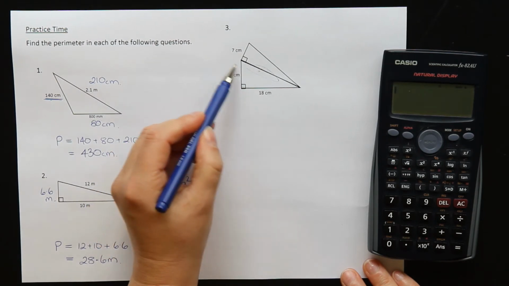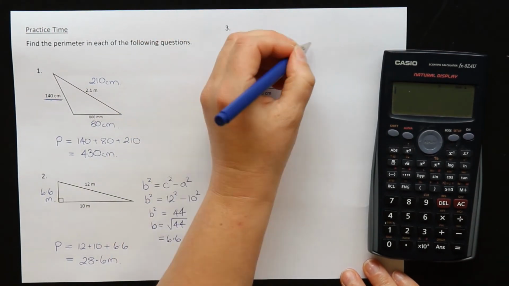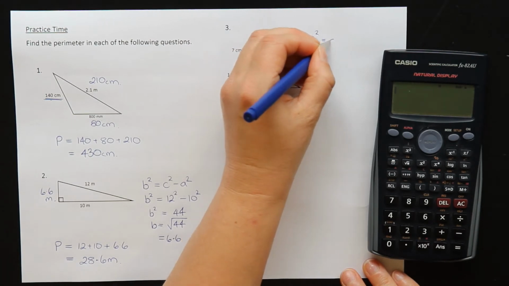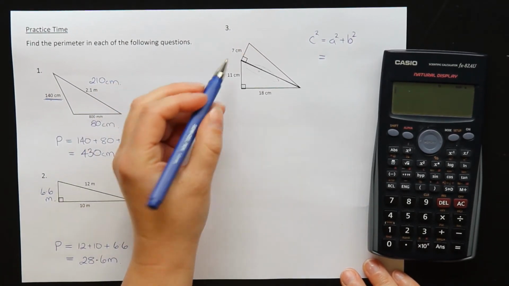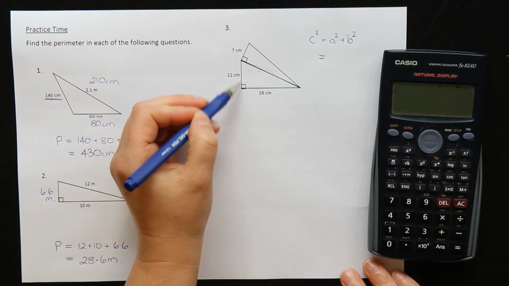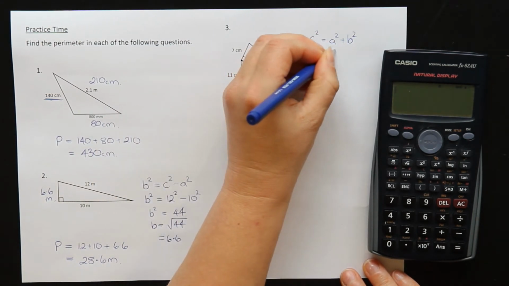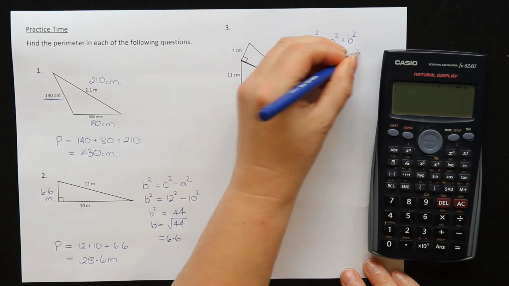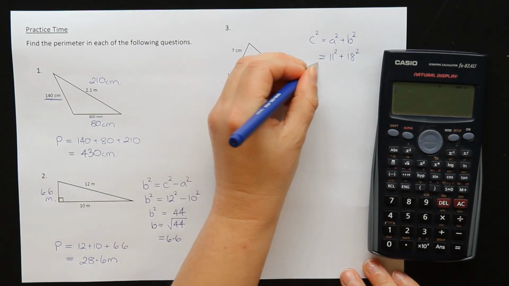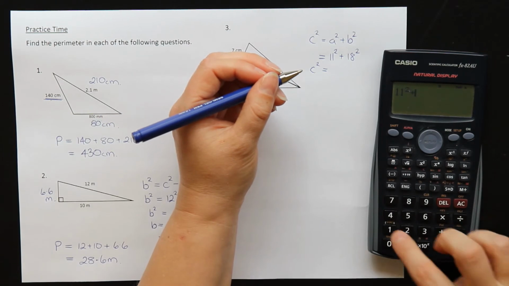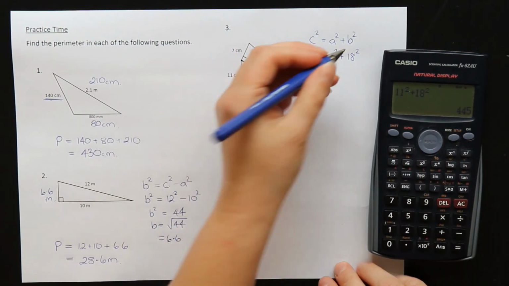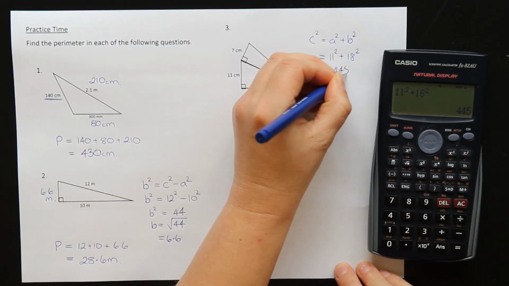Okay, so this side is the hypotenuse, so we're going to use c squared equals a squared plus b squared. Okay, my two sides are 11 and 18, so we'll go 11 squared plus 18 squared. So that makes 445.